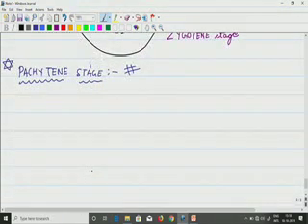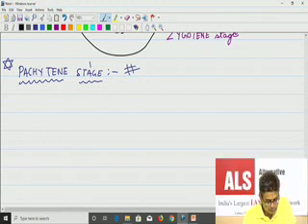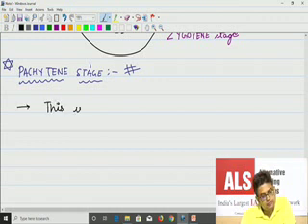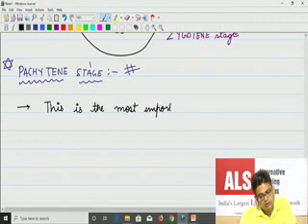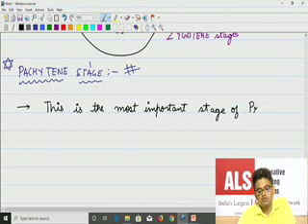So please write pachytene. In the pachytene stage, this is the most important stage of prophase 1.